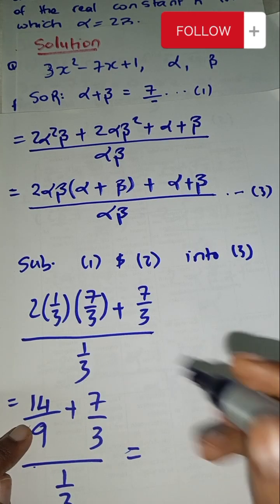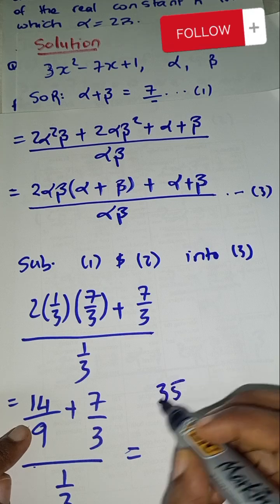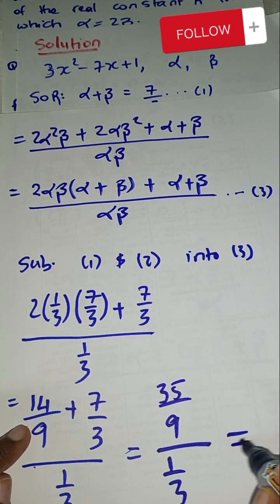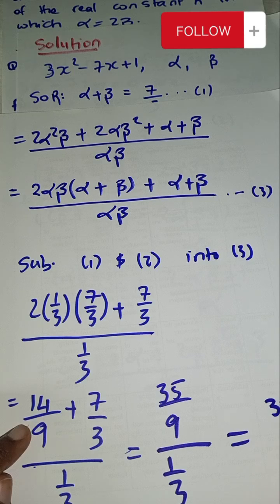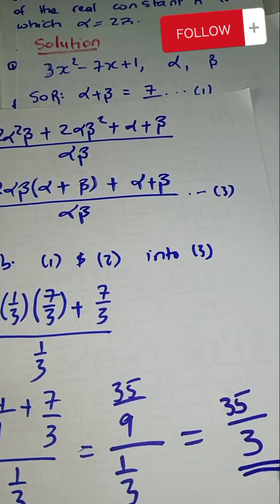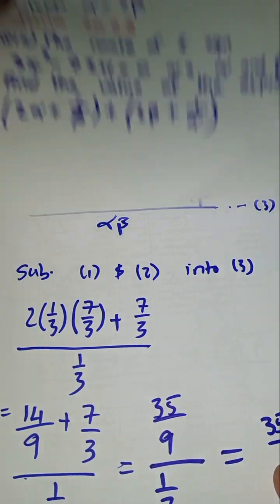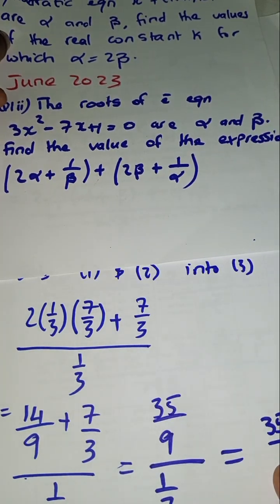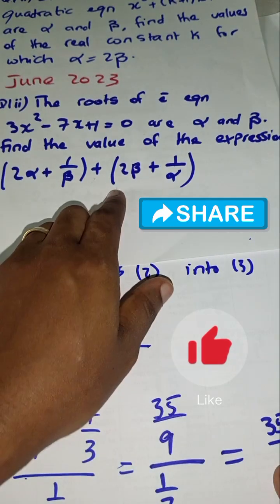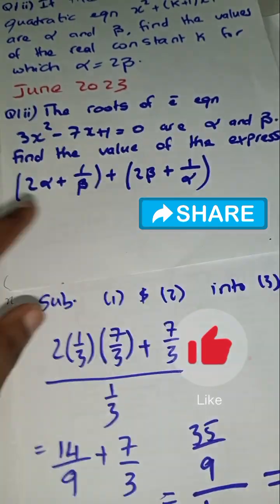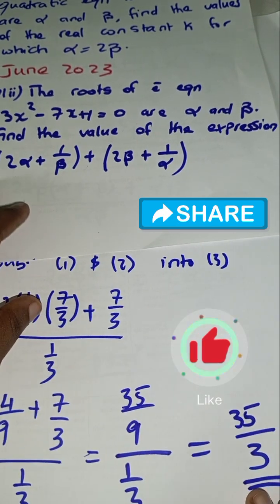Simplifying this fraction right here, we are going to have 35 on 9 divided by 1/3, and that is going to give us 35 on 3. And that is the value of the expression 2 alpha plus 1 on beta plus 2 beta plus 1 on alpha as expected in the question.